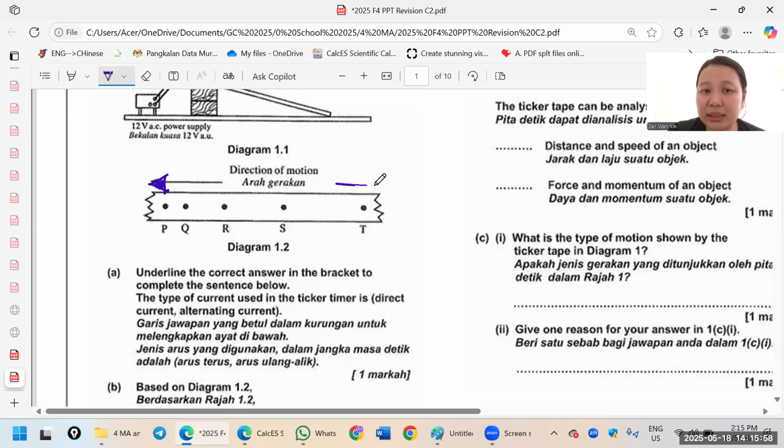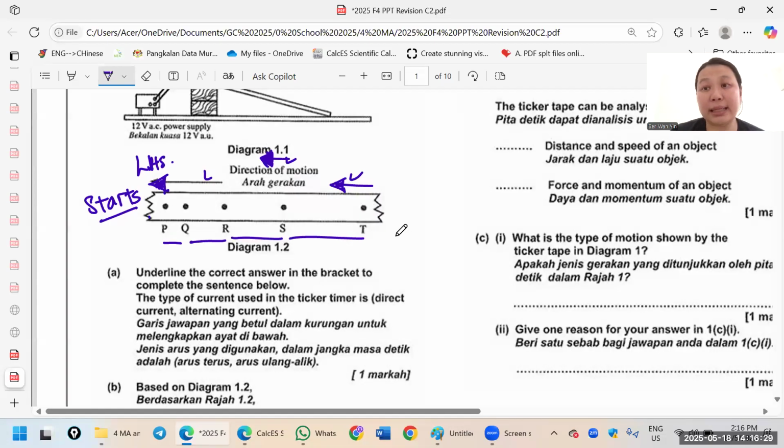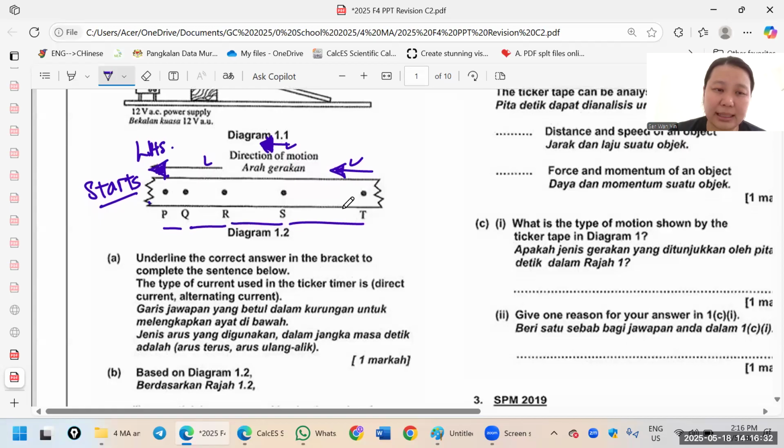No matter where the arrow is, since it's pointed to the left-hand side, please start right here. It starts like this, no matter where they point. So now you can see very obviously: short distance, longer, longest. Then you should be able to answer.